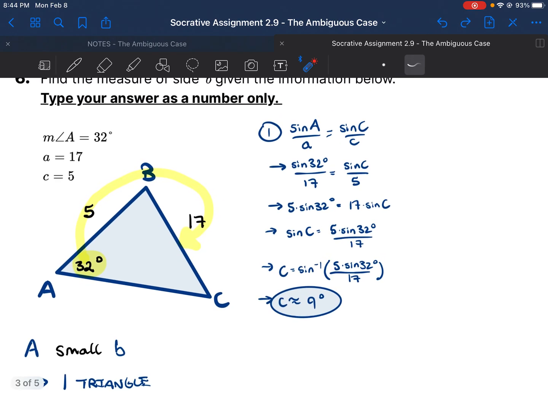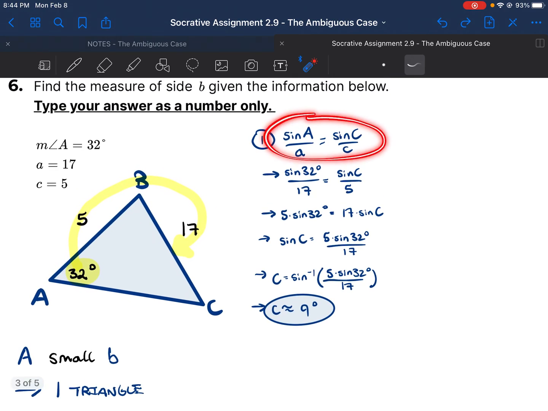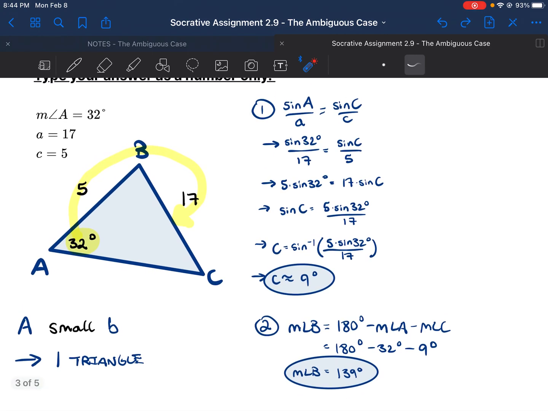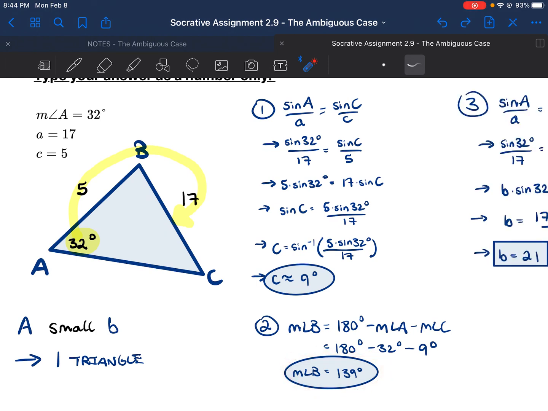Use the law of sines, plug in the pieces we have here into sine A over A equals sine C over C, and we end up getting that C is about 9 degrees. Once we know that C is about 9 degrees, use that 9 degrees in combination with the 32 degree angle that we already know, subtract them both from 180, and we get the measure of angle B to be 139 degrees.